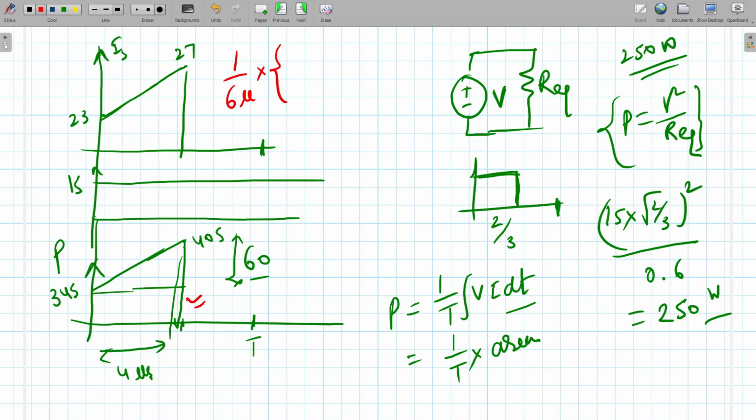Can anyone tell? 345 into 4, plus this triangle, 1 by 2 into 4 into 60. So finally, this is micro and here also it is micro, so micro will cancel. Final will be 250 watt. Can anyone calculate and verify this one?